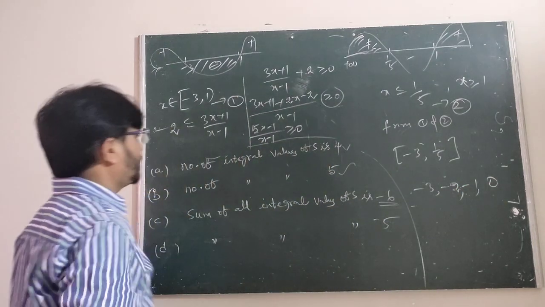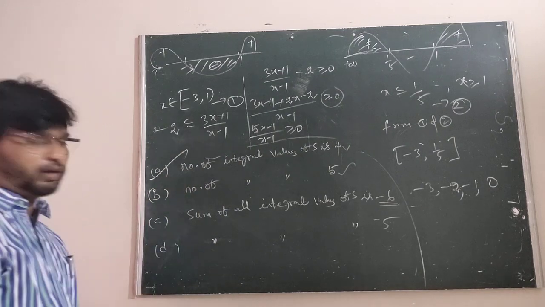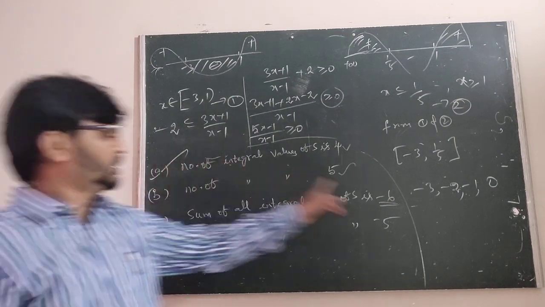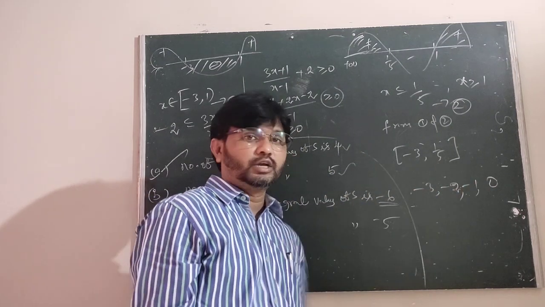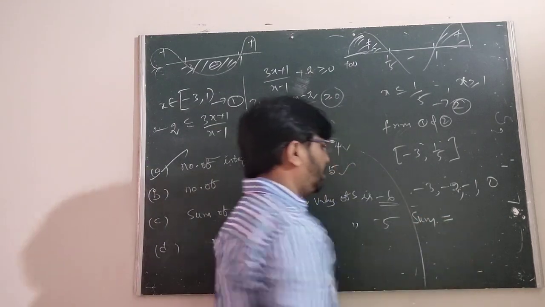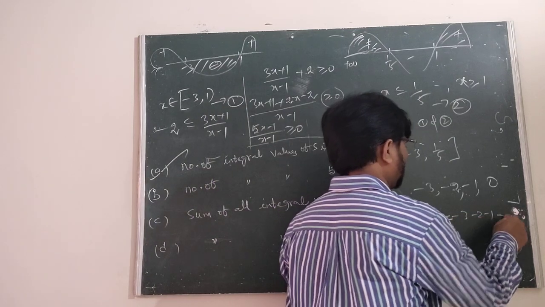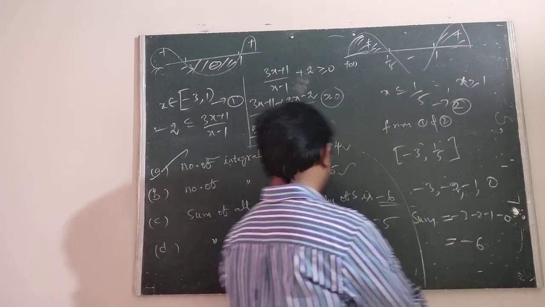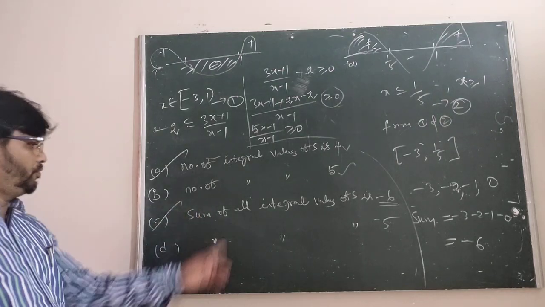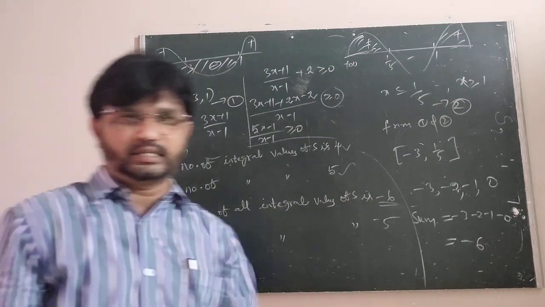So the number of integral values of x is 4. Now the sum of all these 4 integers, minus 3, minus 2, minus 1, is minus 6. The sum of all integral values is minus 6.